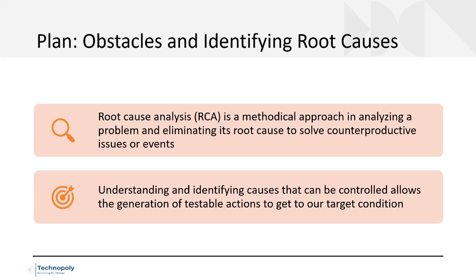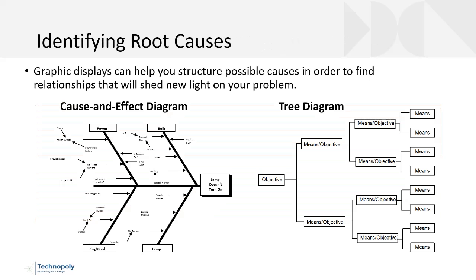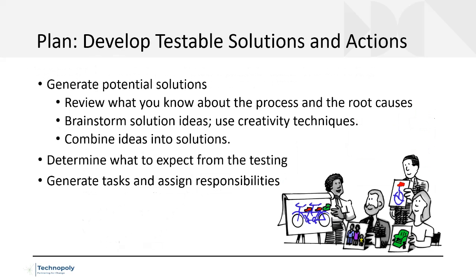The team can apply root cause analysis as a methodical approach in understanding and identifying possible causes, so that hypotheses or testable actions can be generated to try to get to the target condition.